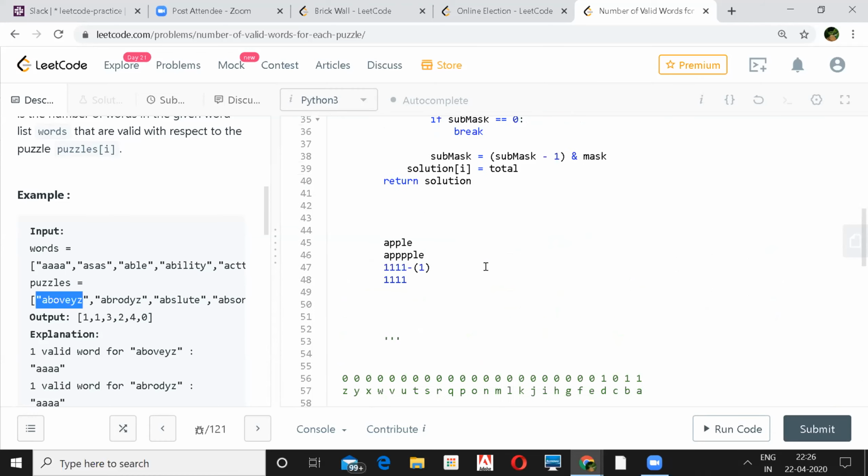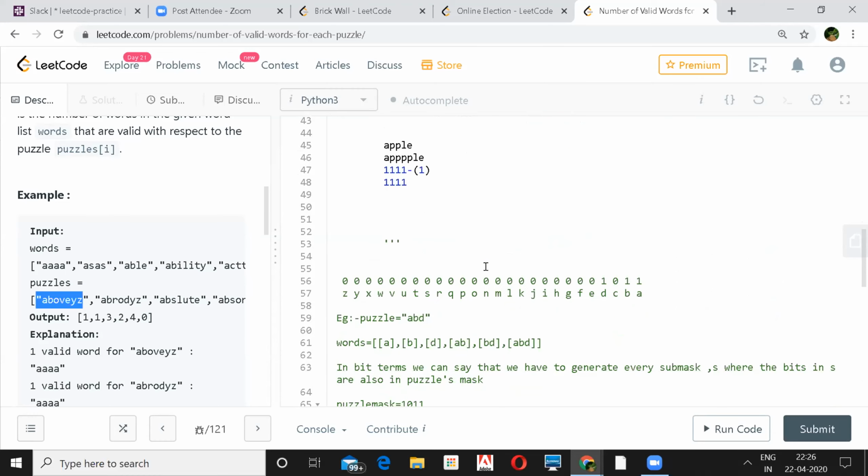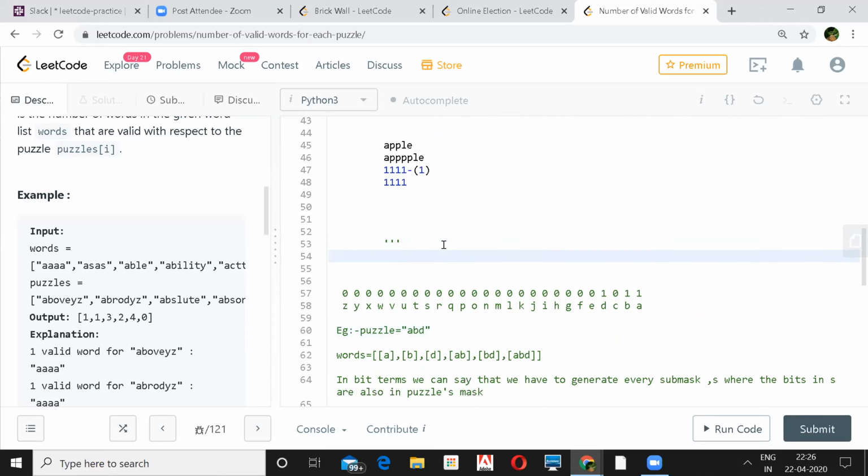But in that case, for example, the word A is a subset of the first puzzle; we can AND it, and if it equals A, then we know A must be a subset of the puzzle. Yeah, exactly. All these words will be a subset of this puzzle, if it matches. With the bit mask, we can AND it and see if A is a subset of the puzzle.